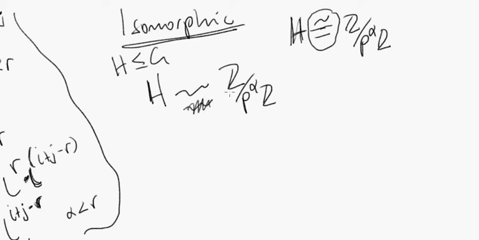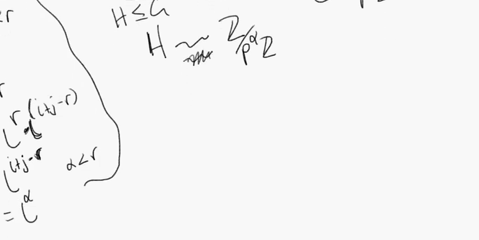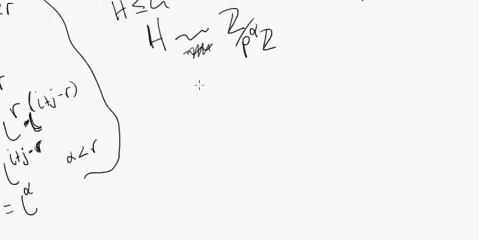Suppose that when two groups are pretty much the same, or what we're calling isomorphic, we're able to show that at least one thing that's true is that they must have the same size. So the order of H must equal the order of Z mod p^α Z.